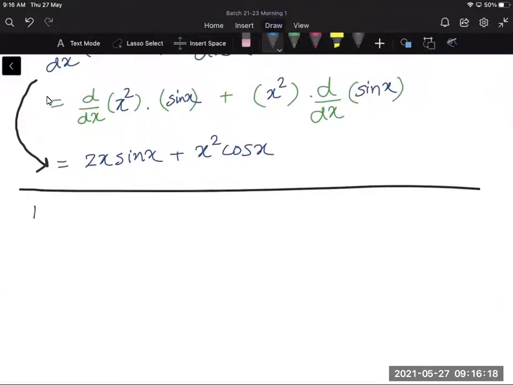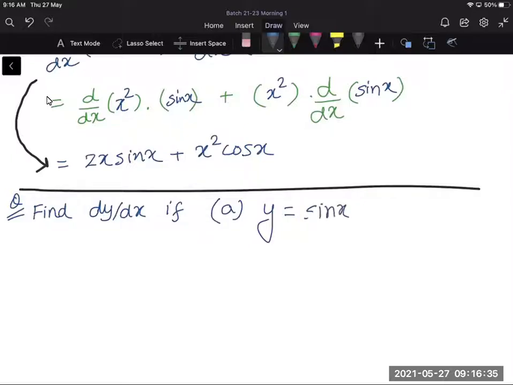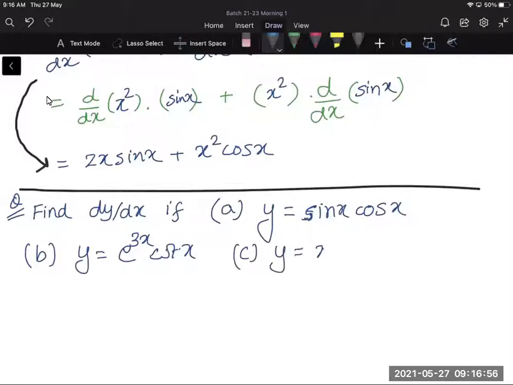So find dy by dx if (a) y is equal to sin x cosine x, (b) y is equal to e raised to the power 3x cot x, and (c) y is equal to x cube cosine x into ln x. Please do these three.